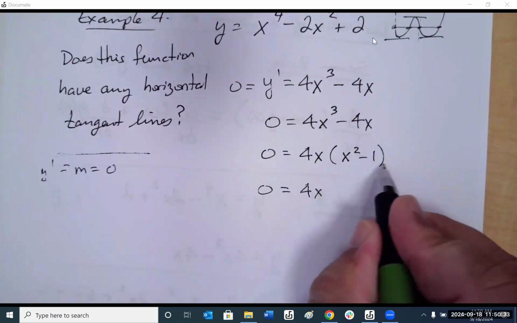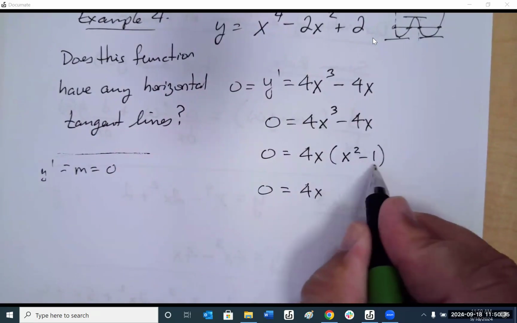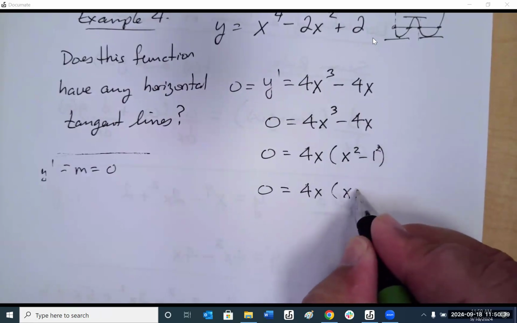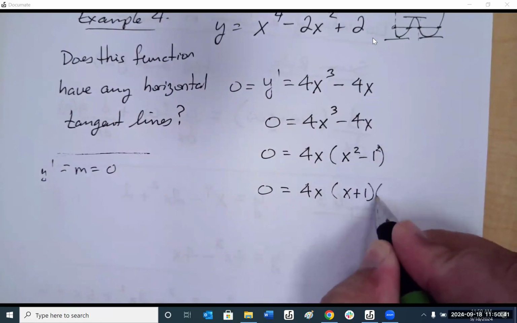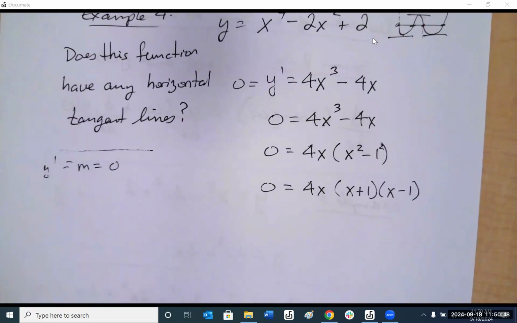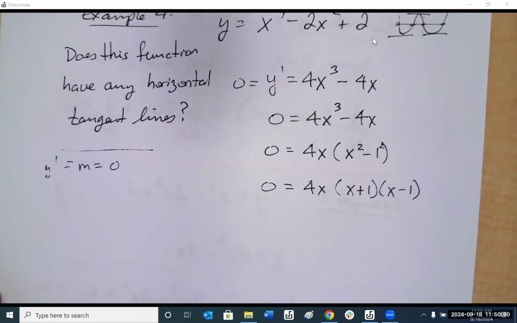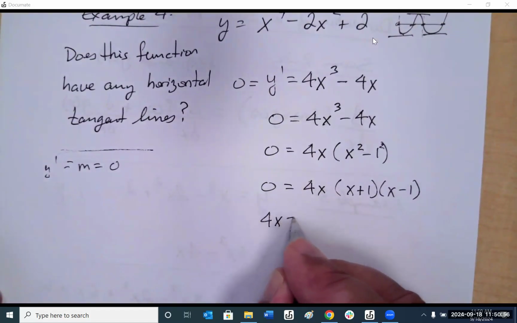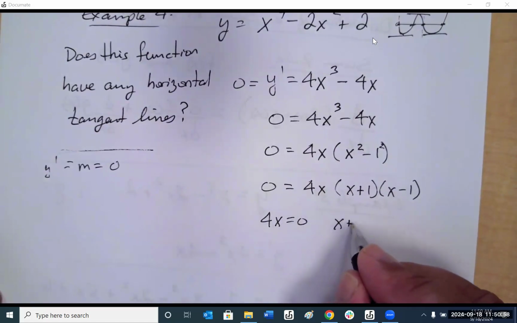Can this be broken down any further? It's a difference of two squares. So it's x plus 1, x minus 1. Very good. So what are my solutions? Set them all equal to 0.